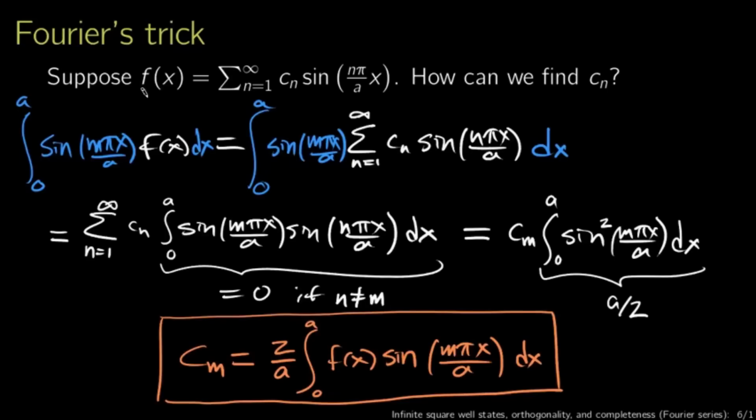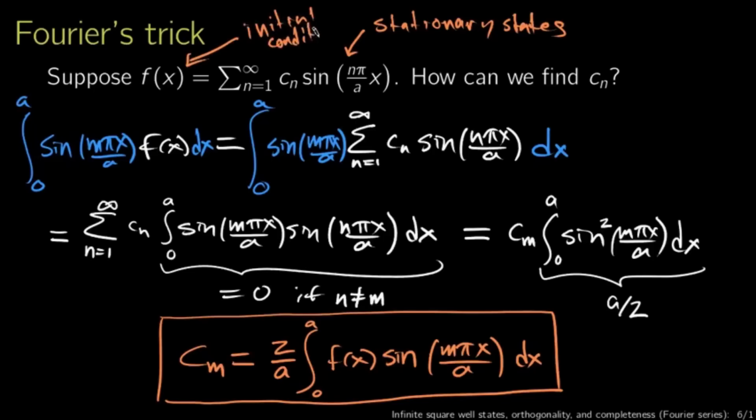In the context of the Schrödinger equation, this would be any initial conditions, and it allows us to express that as a sum of, these are now going to be our stationary states. So maybe we can express our initial conditions as a sum of stationary states.